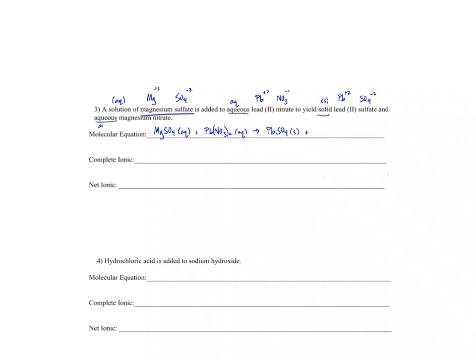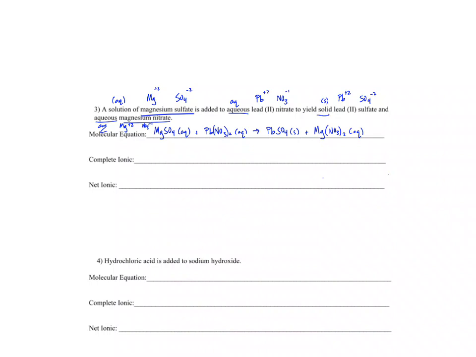So (aq), magnesium nitrate, Mg +2, and nitrate is NO3 -1. So this is Mg(NO3)2, and it's aqueous, so (aq). Alright, there's my molecular equation.